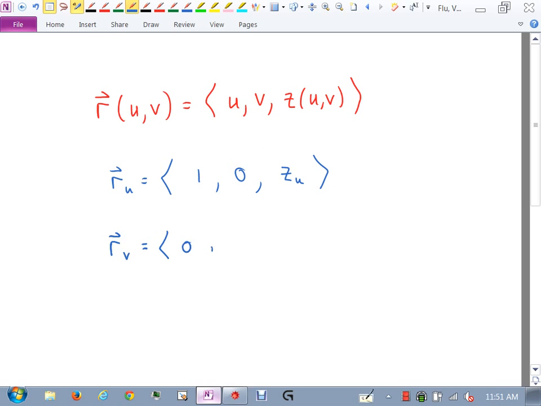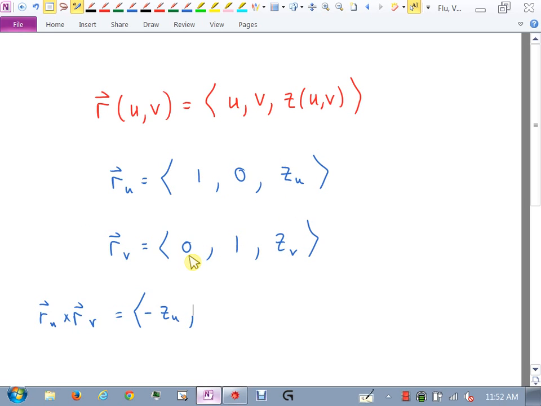That would be 0, 1, and then whatever the partial of z with respect to v is. Following? Now, if I say take the cross product, then you do your little game here, cover up the eyes. When I do this and this, what do I get?